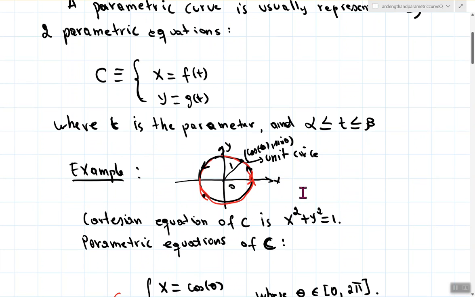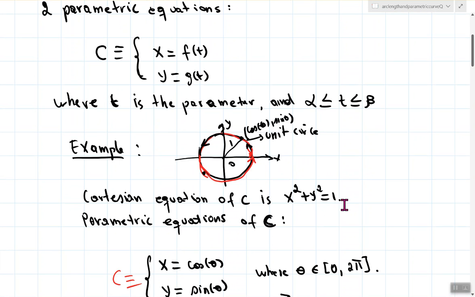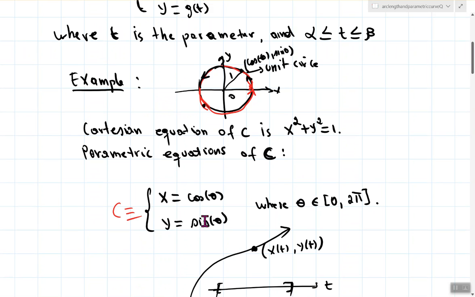So for example, if we review pre-calculus, a circle of radius 1, we know its Cartesian equation is x squared plus y squared equals 1. But its parametric equation is x equals cosine theta, y equals sin theta, and theta this time is the parameter. Since we're doing a circle, theta goes from 0 radians to 2 pi radians.